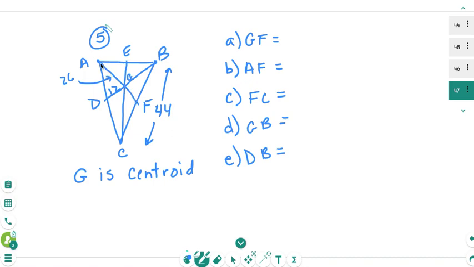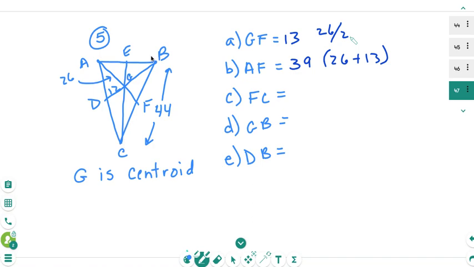Well, if the large section is 26, then we're going to cut that in half, so the small section is going to be 13. AF. So AF would be 26 plus 13, which is going to be 39. 26 plus 13, and this was 26 divided by 2.